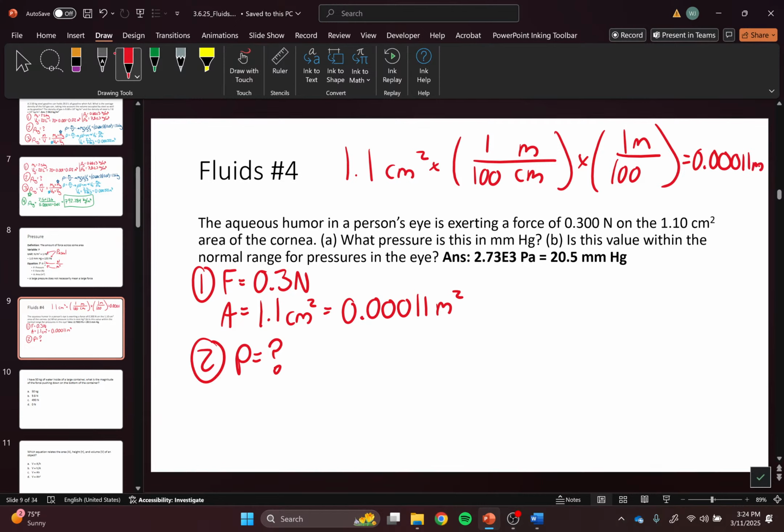0.00011. Another way for me to prove this to you all is imagine that we did 1 centimeter times 1 centimeter. That equals 1 centimeter squared. Hopefully we're cool with that. If I wanted to convert this to meters squared, I would convert both of these. I did a unit conversion twice.